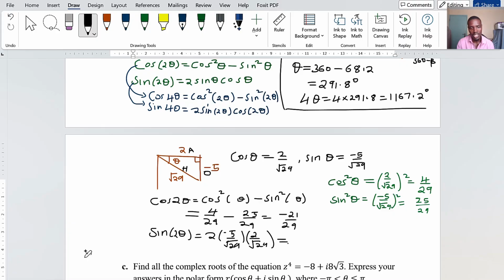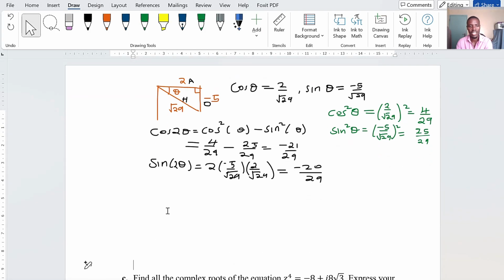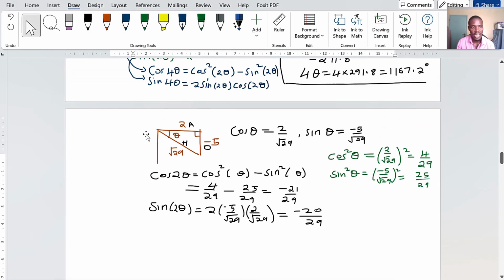When we work this out, 2 times negative 5 times 2 is negative 20, divided by 29, because root 29 times root 29 is 29.